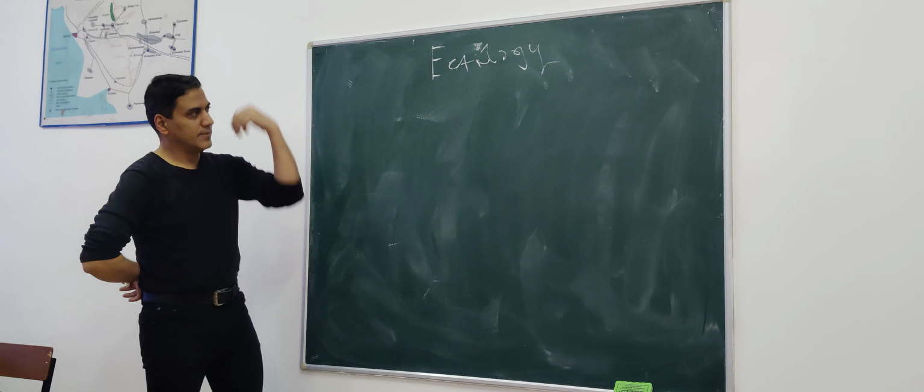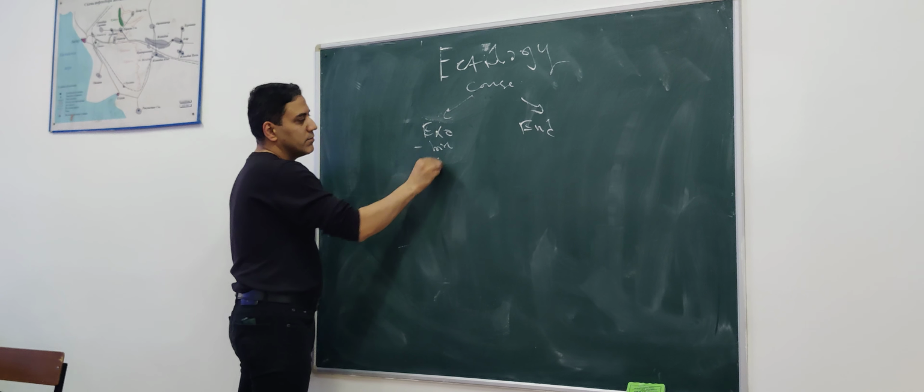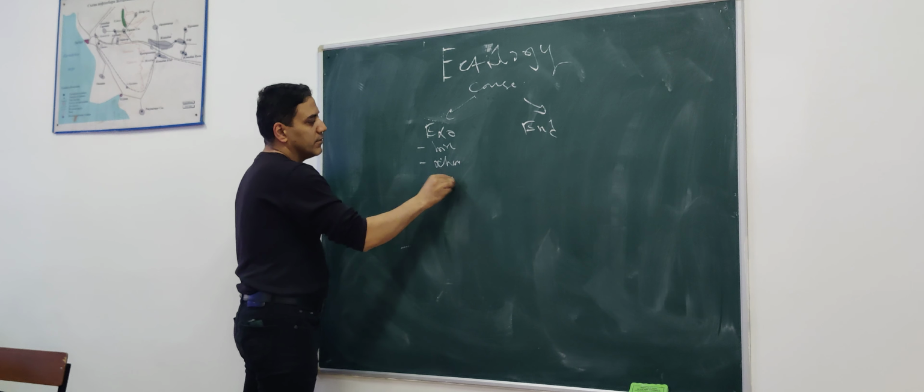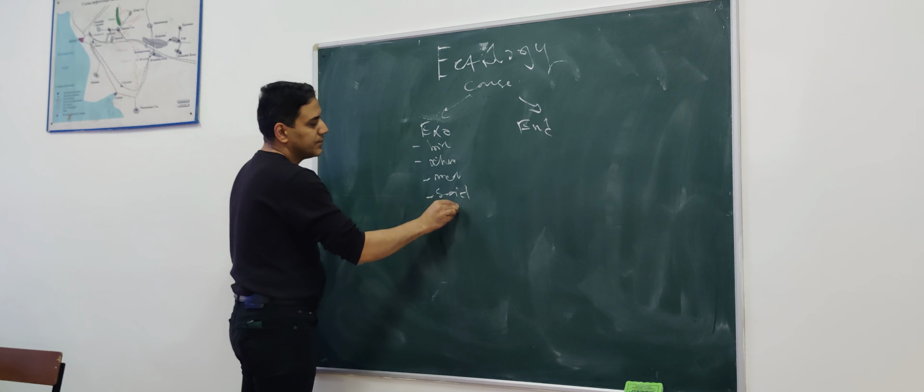So the causative factor we divide into exogenous and endogenous. Exogenous factors come to our body from outside. We divide them into biological, chemical, mechanical, social, and physical.